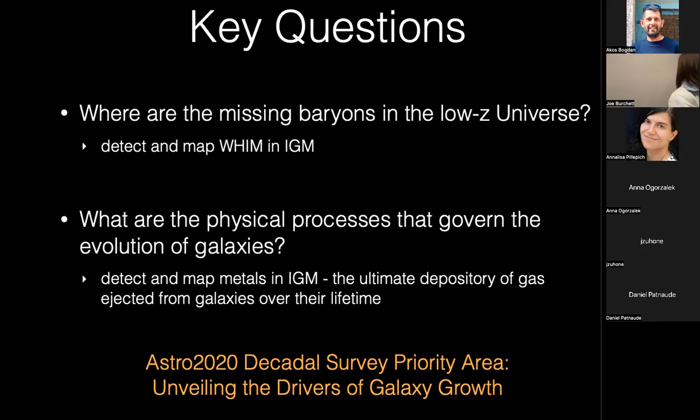If we detect and map metals in the IGM, it would provide a very powerful characteristic to constrain our models of galaxy formation and evolution. The second question is also closely related to one of the Astro2020 Decadal Survey priority areas, in particular, unveiling the drivers of galaxy growth. So that's exciting.